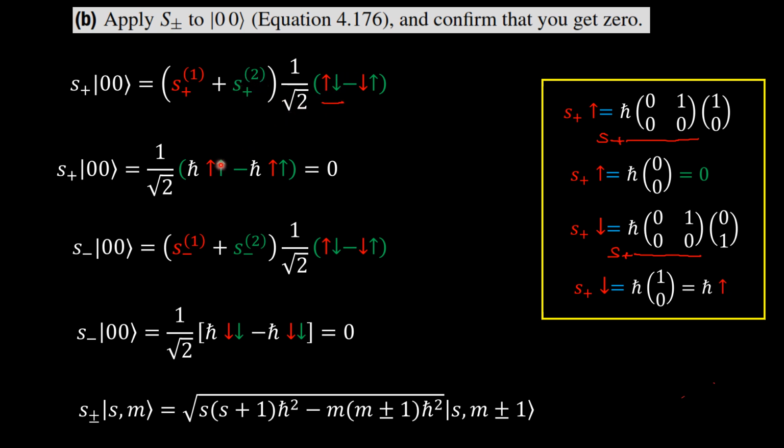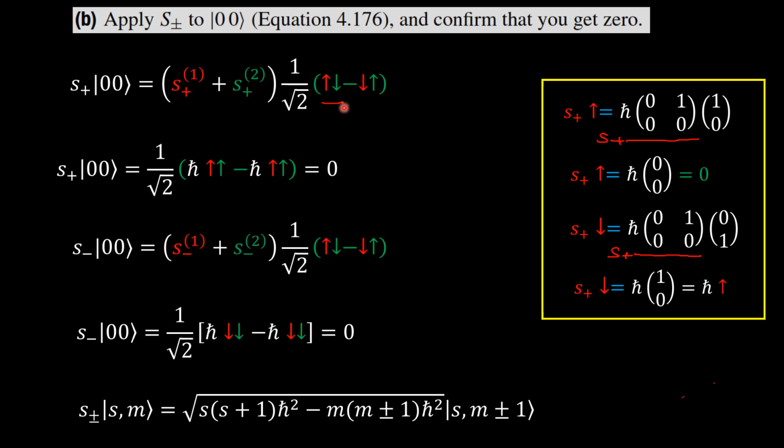So spin up, giving rise to the H cross. Of course you will get H cross. Sorry, I forgot to mention, here you will get H cross spin up up, and minus.